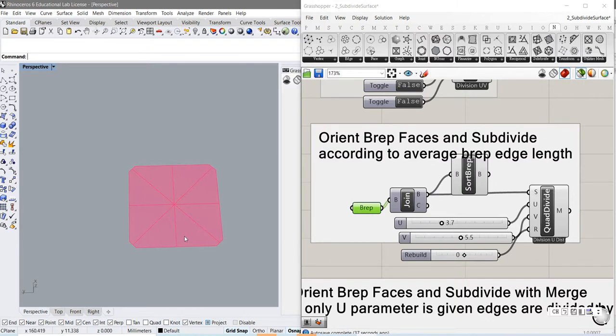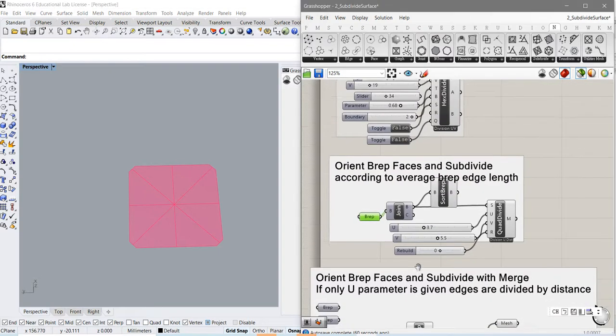They look exactly the same, but the internal sequence and orientation are sorted based on average brep edge length, so that when you do this further subdivision, you can make it better organized. In this case it doesn't make any difference, but in other cases it does.